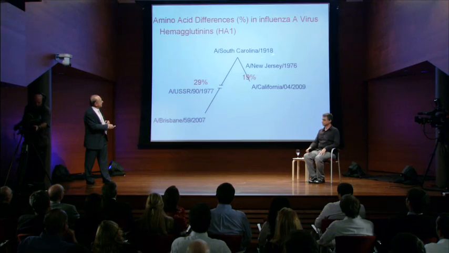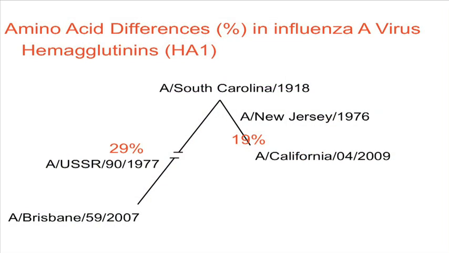And the reason for that is that this H1N1 virus is derived from this 1918 virus. So this is the 1918 virus, which gave rise, on one hand, to the swine virus, because the virus went into the swine population and changed here, and this is a 19% change in the hemagglutinin HA1 subunit.